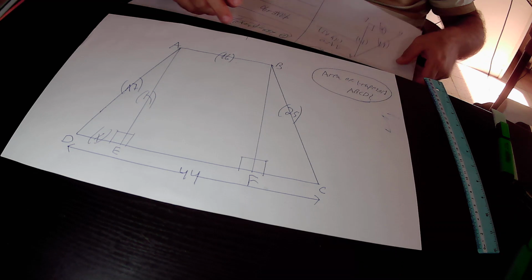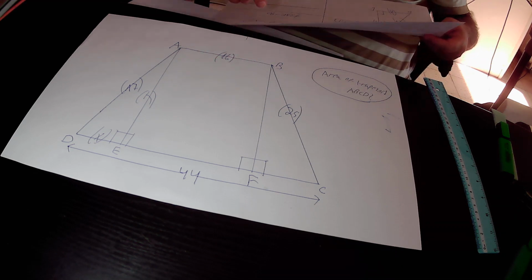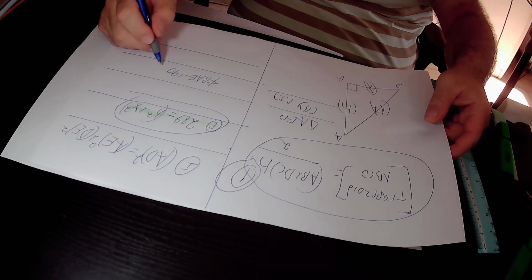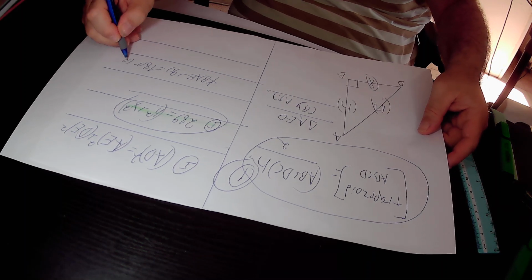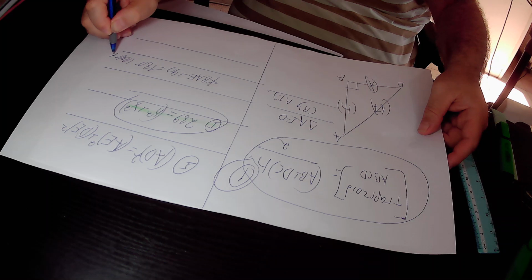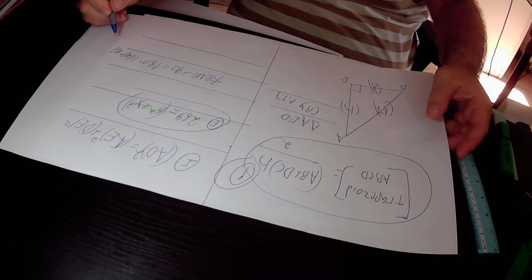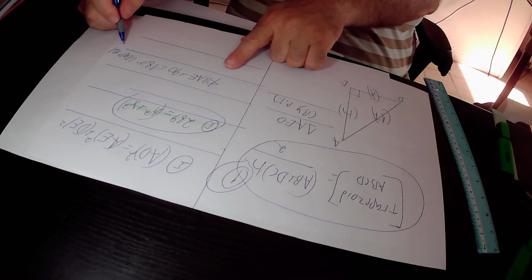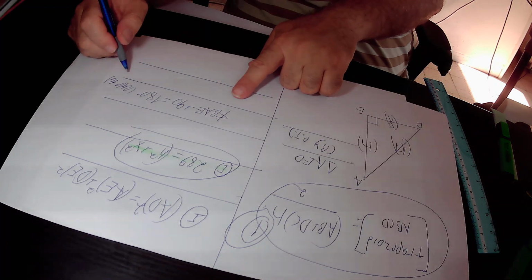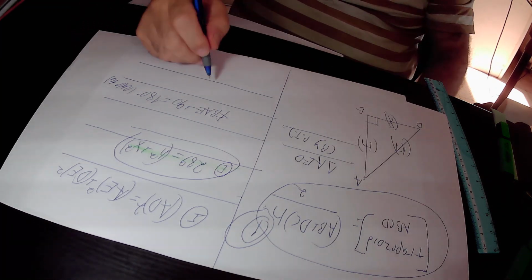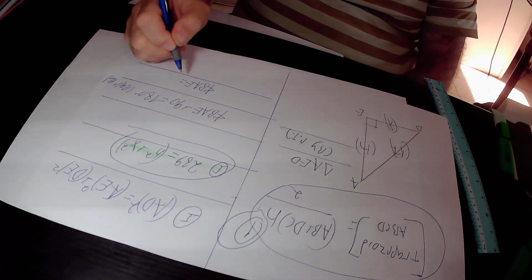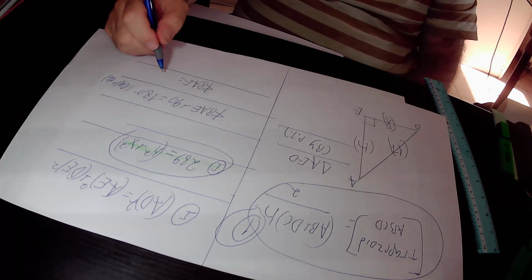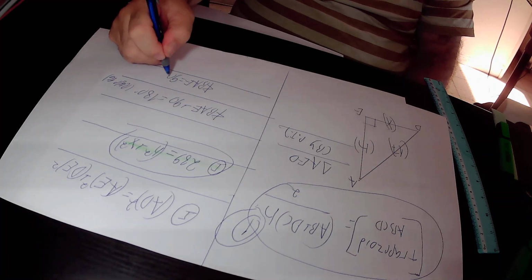In total, the sum of those two angles is equal to 180 degrees according to rule 16. So here we subtract 90 degrees from this equation, and we get that the missing angle BAE is equal to 180 degrees minus 90 degrees, which is 90 degrees.